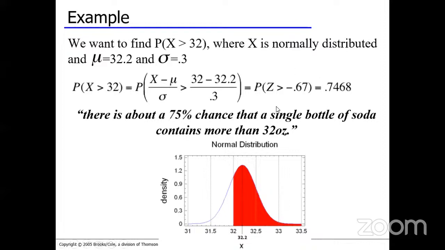Now, to find this, we are looking for this region, and this region is 0.5 plus the area between this and this, right? So this shows that if I am looking at a single sample, the probability is 75%, right?